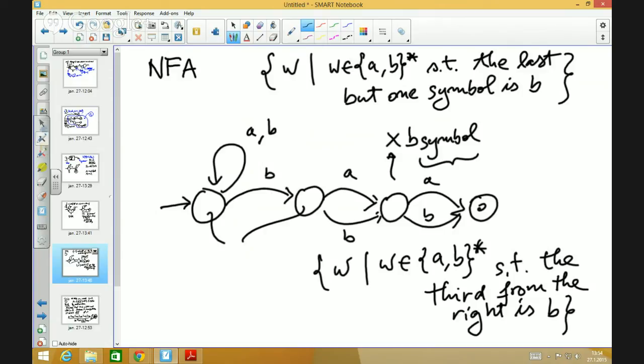No DFA with less than 8 states can do it. You can show it.